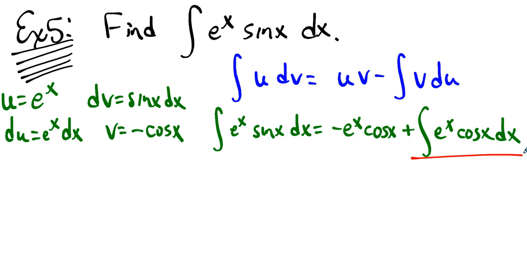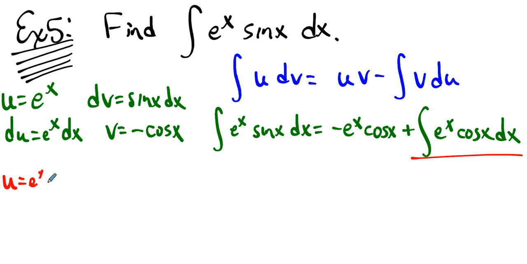And the answer is no. This is an exponential times a trig function, roughly the same, but we're no worse off than we were before. So the thought is, well, let's just try again.